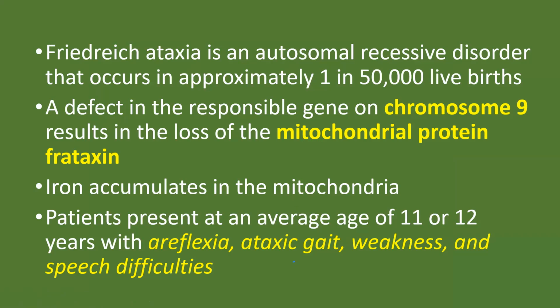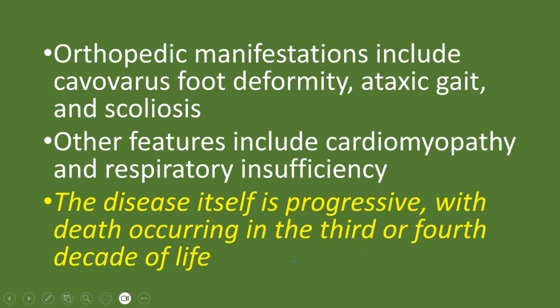Patients present at an age of 11 or 12 years with areflexia, ataxic gait, weakness, and speech difficulties. Orthopedic manifestations include cavo-varus foot deformity, ataxic gait, and scoliosis. Other features include cardiomyopathy and respiratory insufficiency. The disease itself is progressive, with death occurring in the 3rd or 4th decade of life.